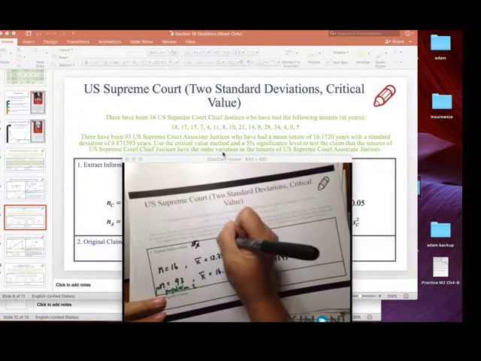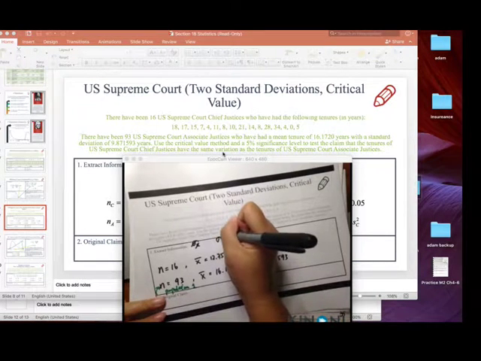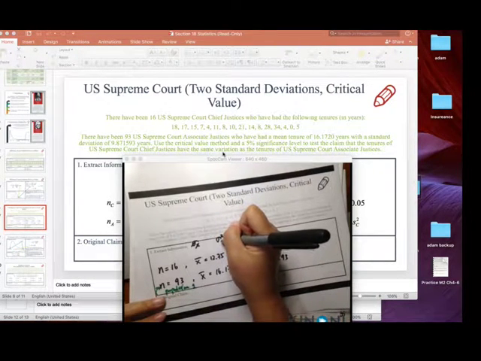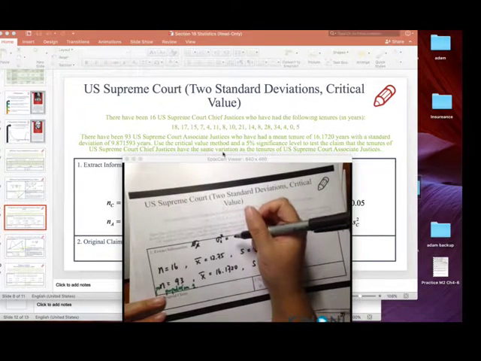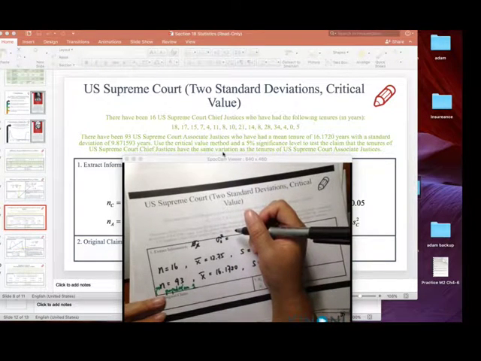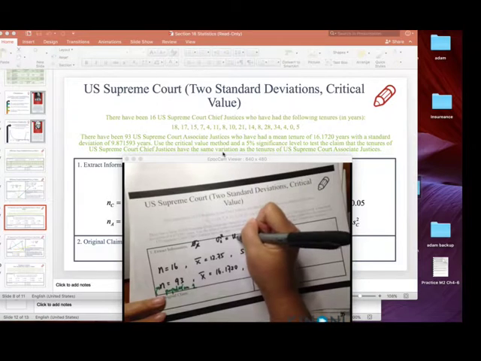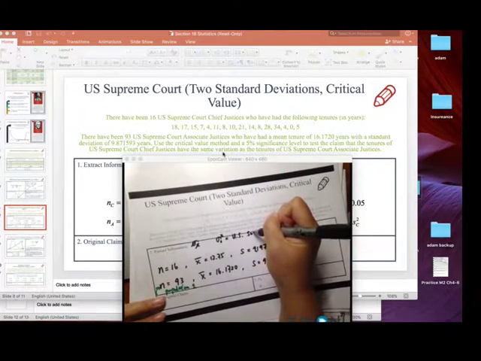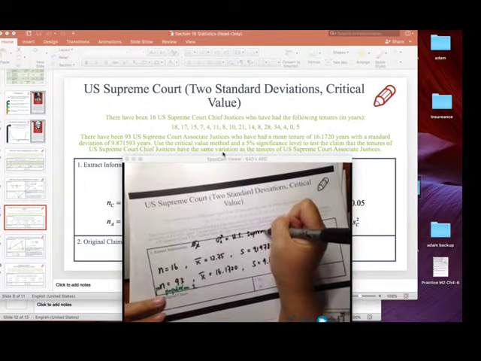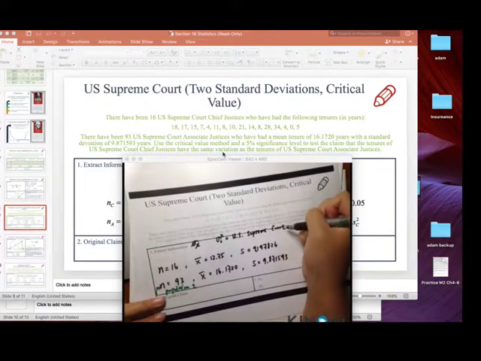Okay, variance. So I should have the variance here, and I called it variance 1 because this is population 1. That will be the variance of the United States Supreme Court Associate.